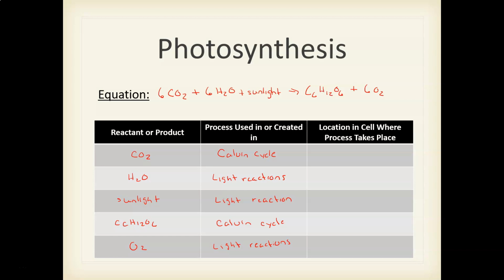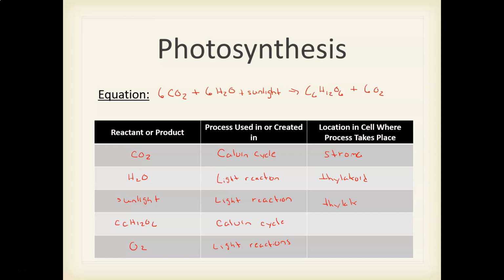Okay, so where do these take place? Well, they all take place in your chloroplast, but let's be a little more specific than that. When I look at my Calvin cycle, that carbon dioxide is going to be used in my stroma. The light reactions take place across the thylakoids, the thylakoid membrane.